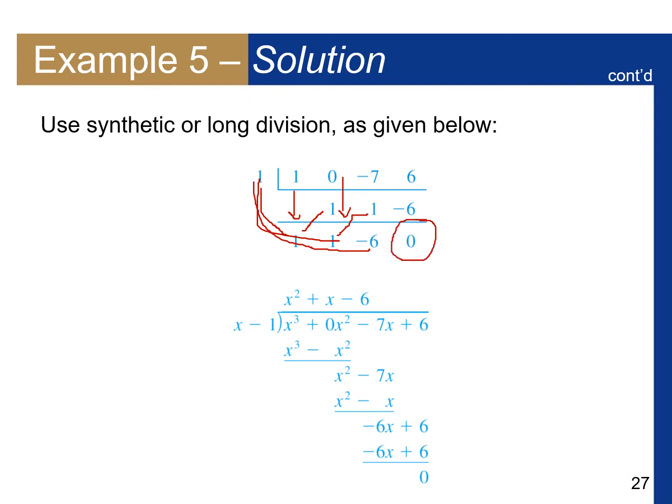So what this tells me is not only that I have a remainder of 0 here, it also tells me that my new quotient is going to be 1x squared. See, I don't have to put the 1 there. Plus, because it's positive, 1x, again, don't have to put the 1, minus 6.